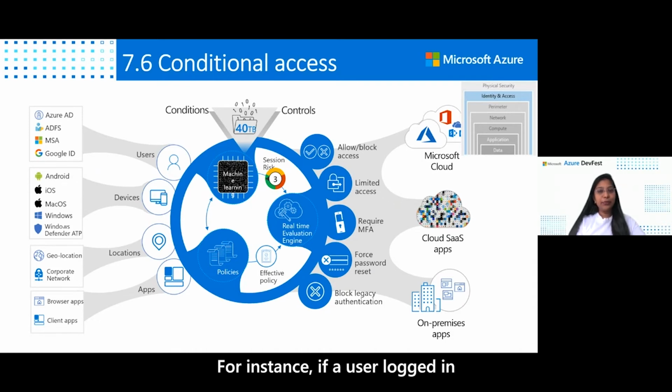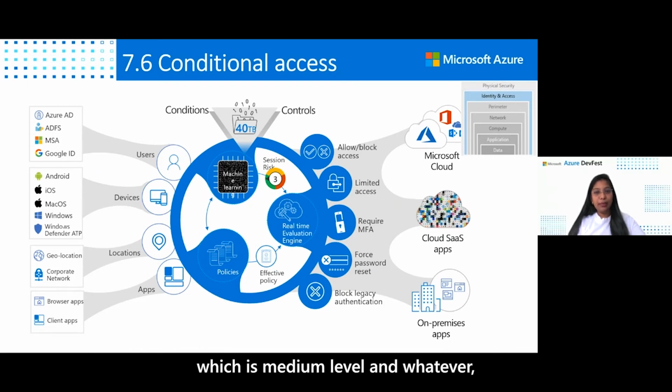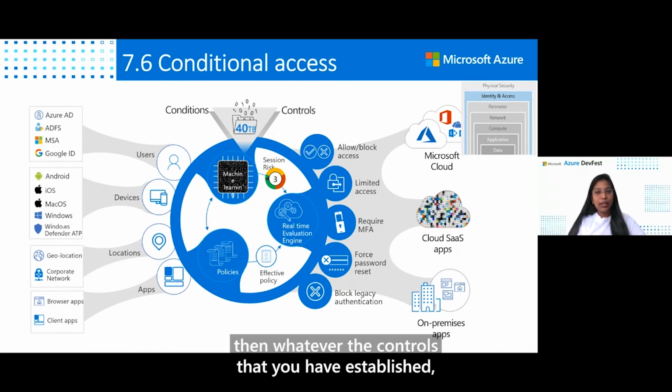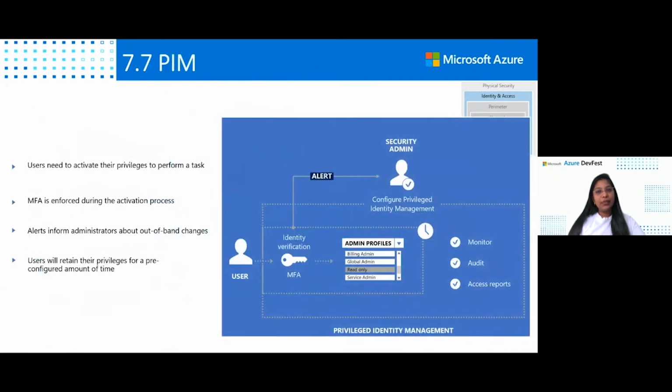For instance, if a user logged in outside a corporate network from an unmanaged device, there's a signal triggered as a session risk, which is medium and above. And whatever controls you have established, let's say trigger an MFA or block the access, will be enforced by conditional access to stop that identity from performing the malicious activity the user intended to do.